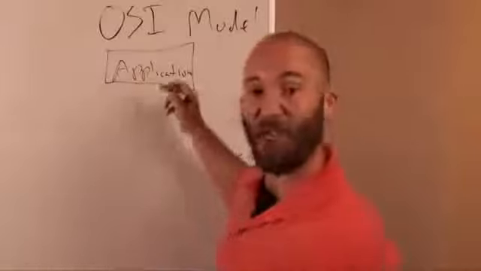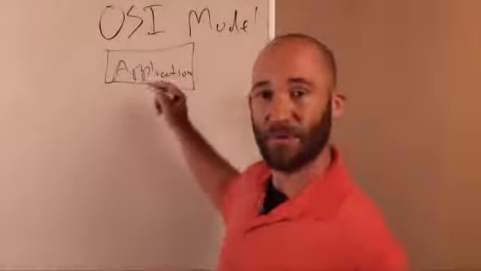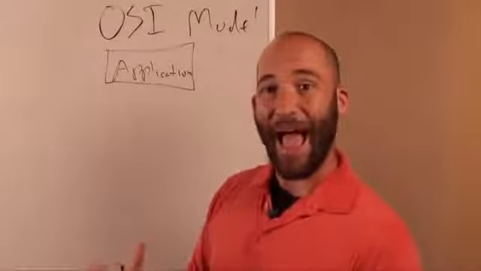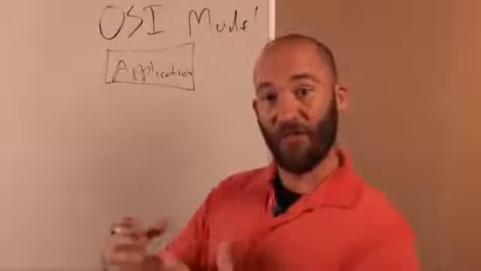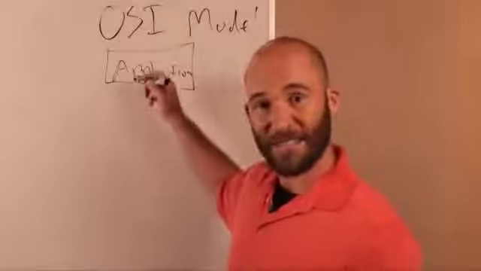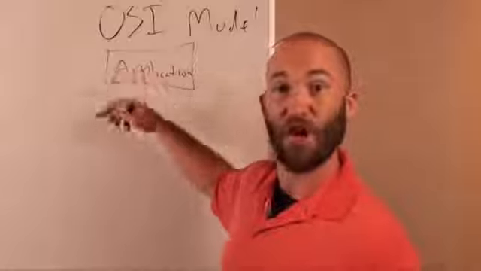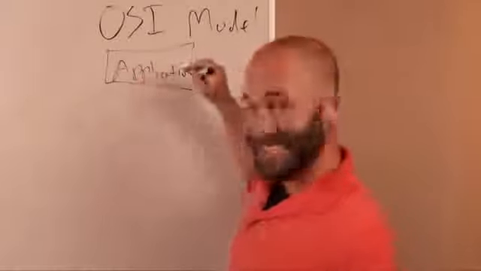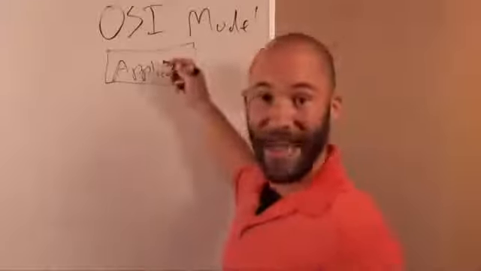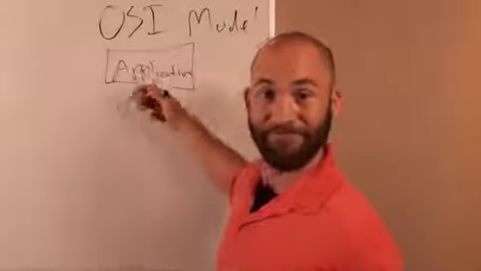So things like Firefox or Internet Explorer. If you're going onto a website, the application layer for that whole communication with the website is Firefox, Internet Explorer, Safari, Chrome, etc. This is the layer that the user is actually interacting with the information on. So if you're doing email, this would be the actual Outlook application.